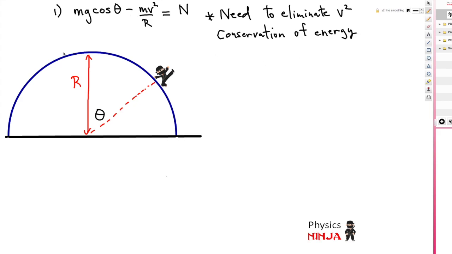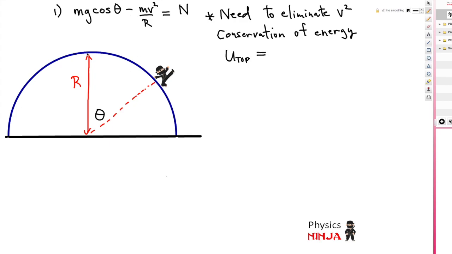At the top we're going to have some gravitational potential energy. He's a certain height above the ground here, so let's call that U at the top. And he basically has no kinetic energy at the top. He's got a very small speed, or basically not moving.